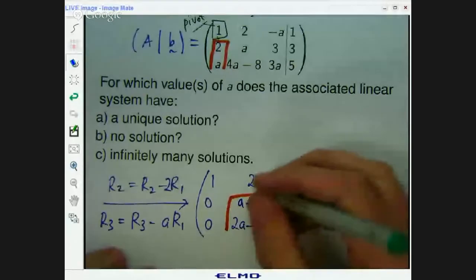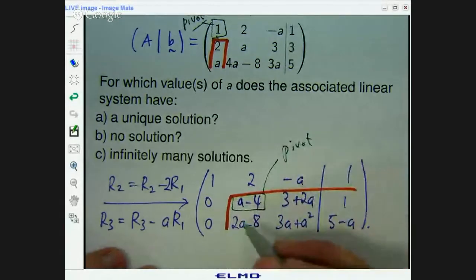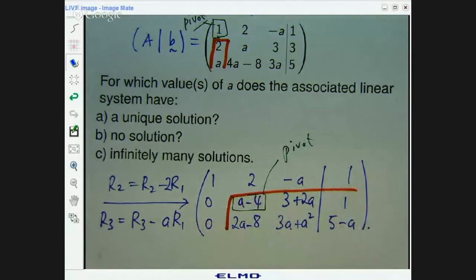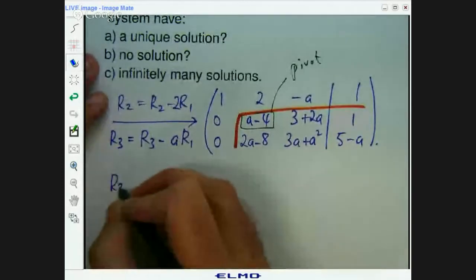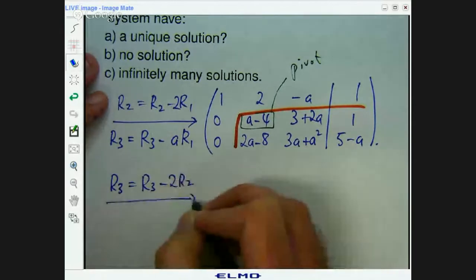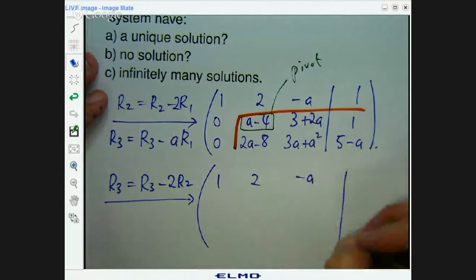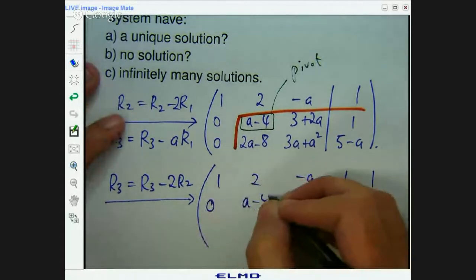All right, so that's our pivot. To make this into a 0, it'll be row 3 equals row 3 minus 2 times row 2. So let's do that. Row 2 is not going to change.